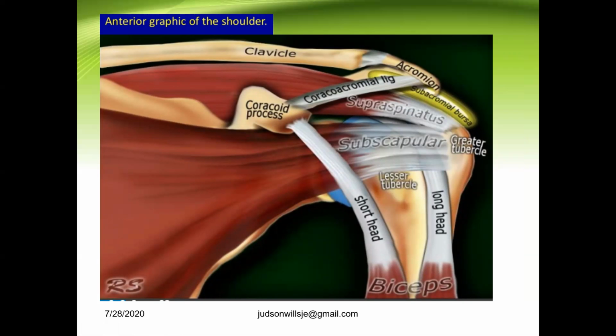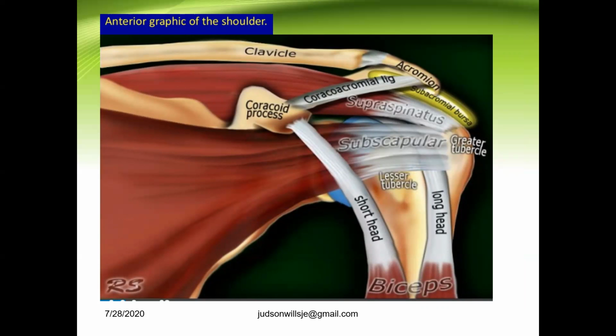Dislocation of the long head of biceps will invariably result in rupture of the subscapularis tendon.